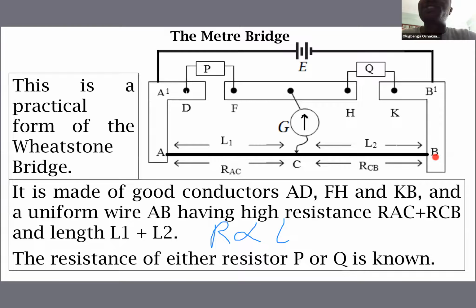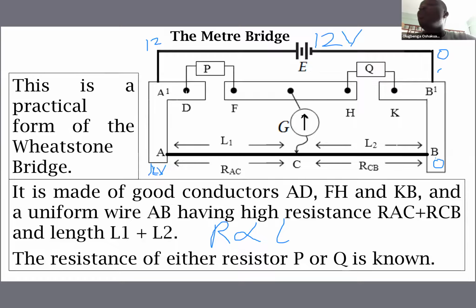Let's say, for instance, this battery is rated 12 volts. This is the negative terminal. We can call this potential 0. I will call this potential 12 volts. That means that at this point B, it will have potential of 0, and at point A, it will have potential of 12 volts.